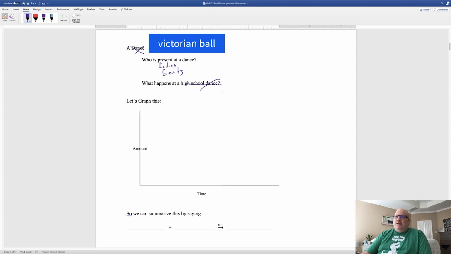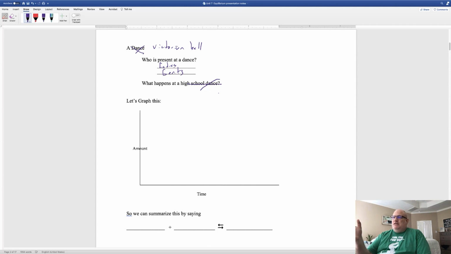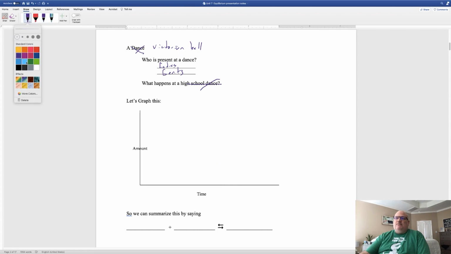So if you've ever been, as you probably have, what ends up happening is the gentlemen step towards the middle, and then the females step towards the middle, and they pair off and dance, right? So we'll make color differences here just to make it really obvious. We're going to go with blue.